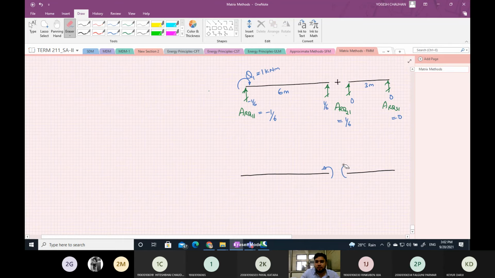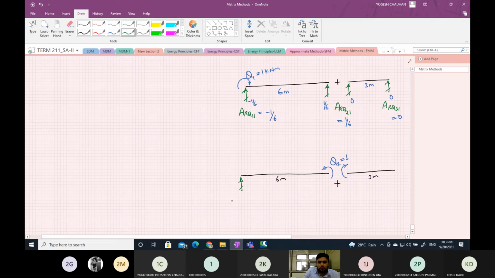We have applied moment like this. This is Q2 equals to 1. Just add these two parts. This is 6 meter, 3 meter.